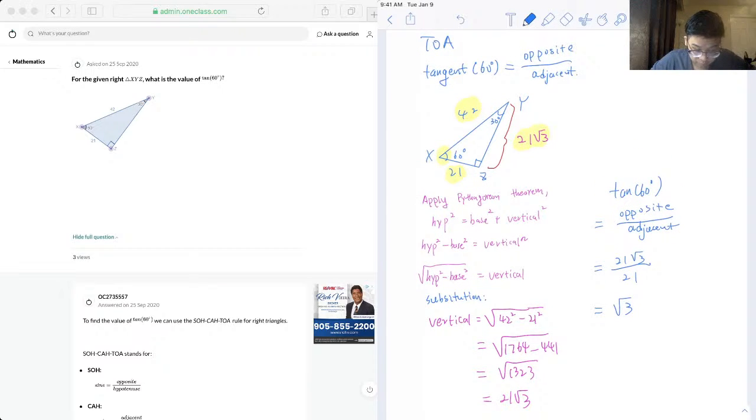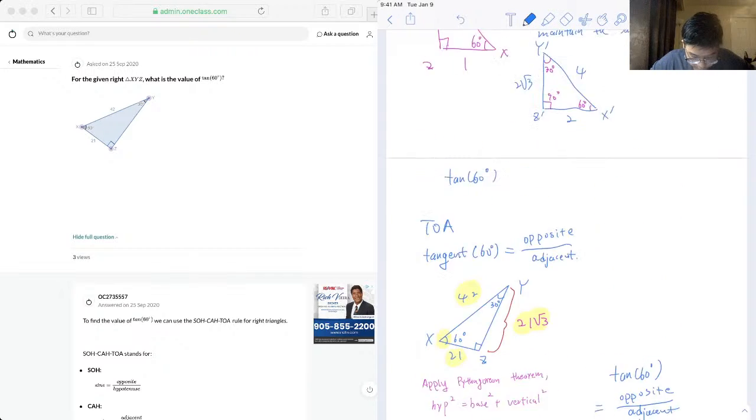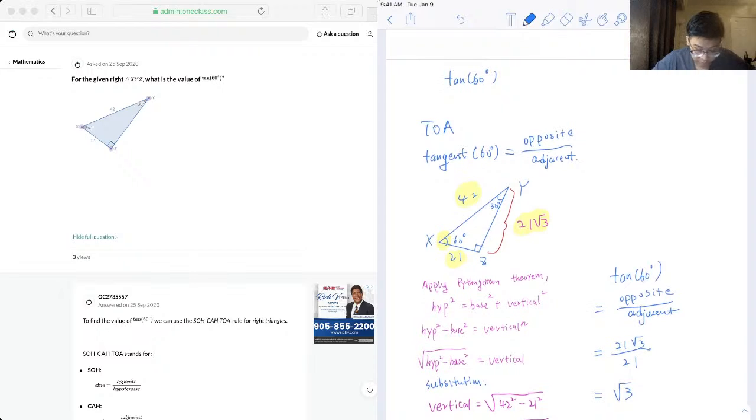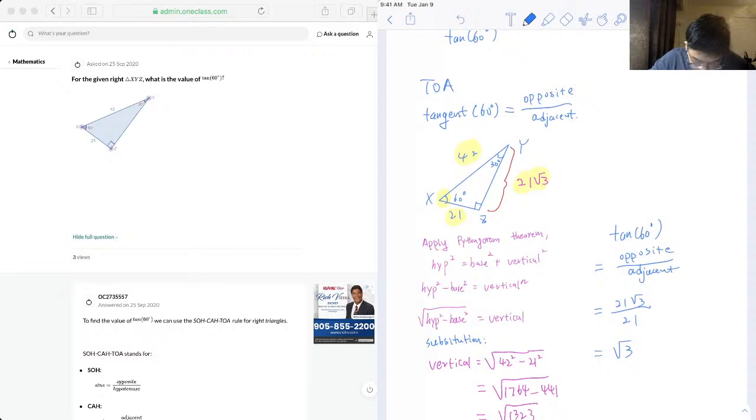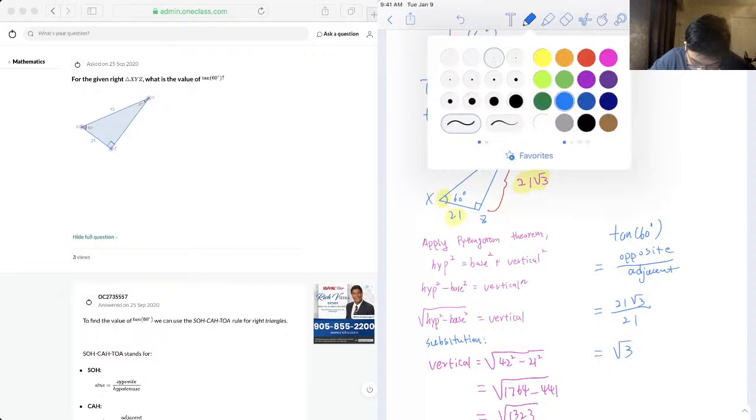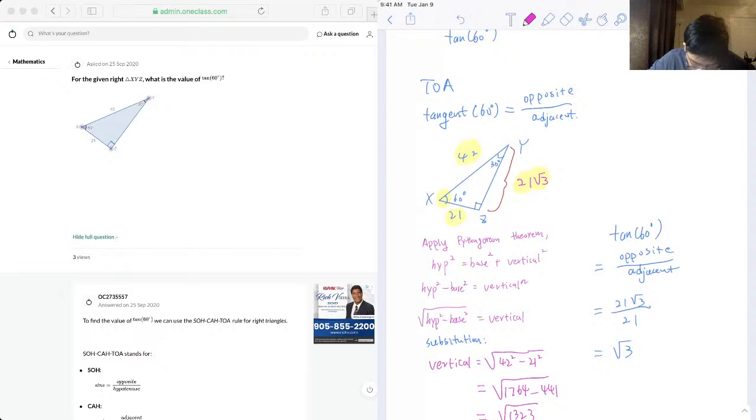And I also remember when we just introduced the basic model, we can always use that to check. So the triangle in this question is 42, 21, and 21 root 3. And our original basic model is 2, 1, root 3.